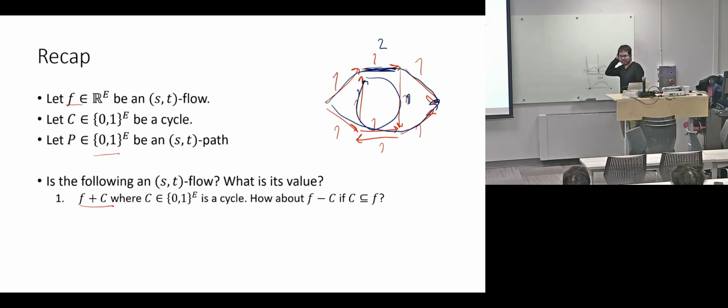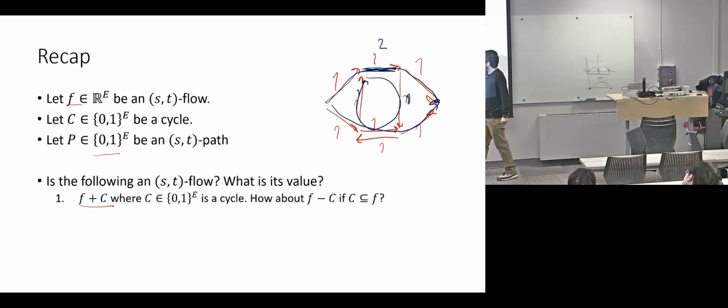It might break some path, but actually it's still going to be a flow. Why is that? Well, first, flow conservation is true, because you used to have something that is flow conserved and you subtract something that is flow conserved, so flow conservation is still true. And the capacity constraint will be true as well, because you only reduce the value of the flow, so it's still valid.